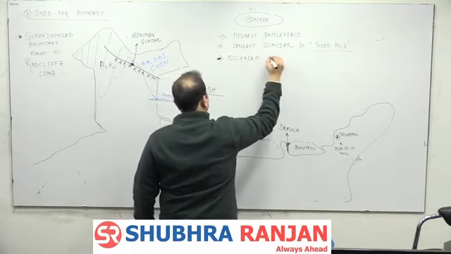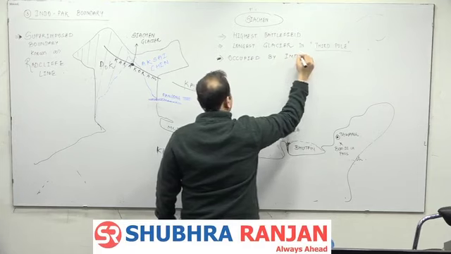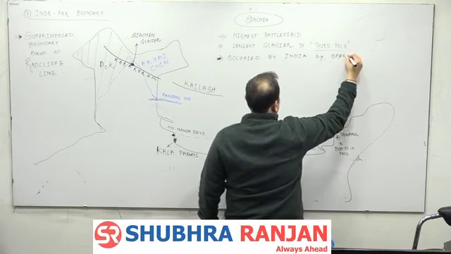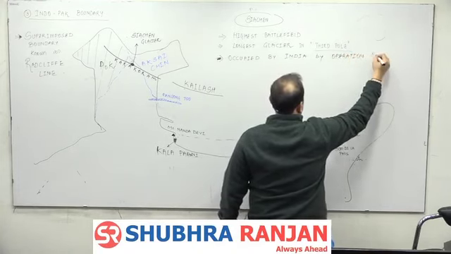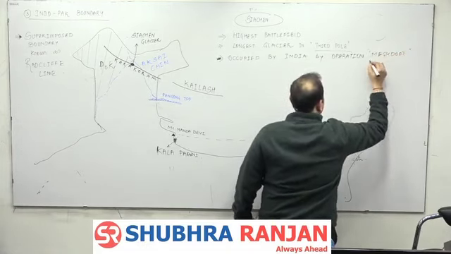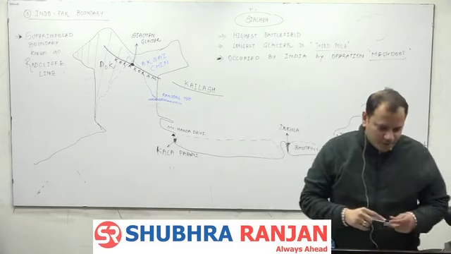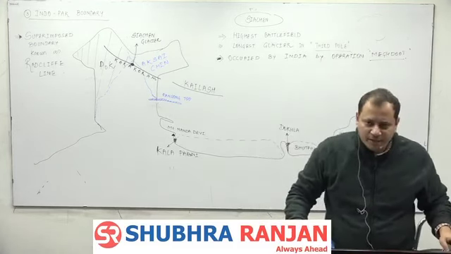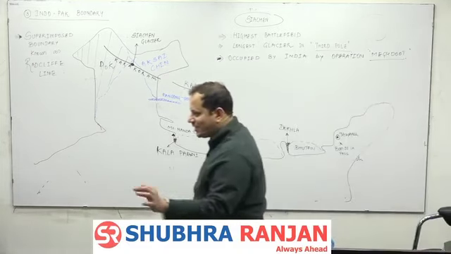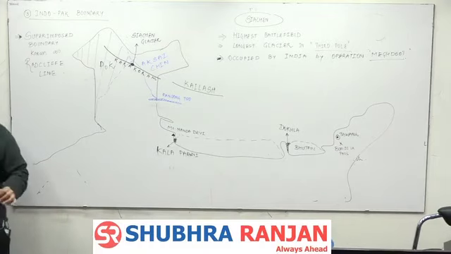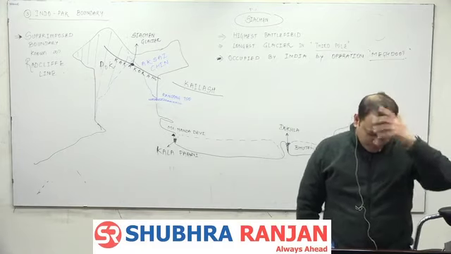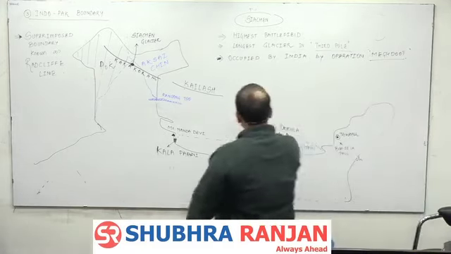It was occupied by India by Operation Meghdoot. बहुत सिंपल है, हाईएस्ट है तो हाई क्लाउड्स है, क्लाउड्स का नाम इज मेघदूत. सो बाय द ऑपरेशन मेघदूत, 1984-87. मैं भी भूल गया, ढूंढो. So 1984, I will tell you tomorrow. Operation Meghdoot.